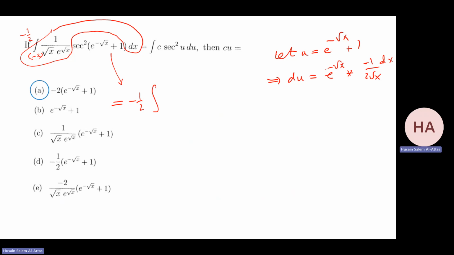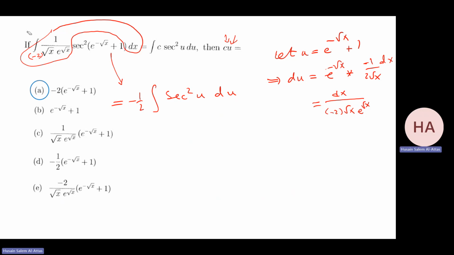Okay. So this one I can rewrite it. Let me write it: 1 over minus 2 square root of x, e to the square root of x, dx. So I have secant squared u du. What do they want? He wants c and u. So c is minus half, wait a minute, no, this is half.